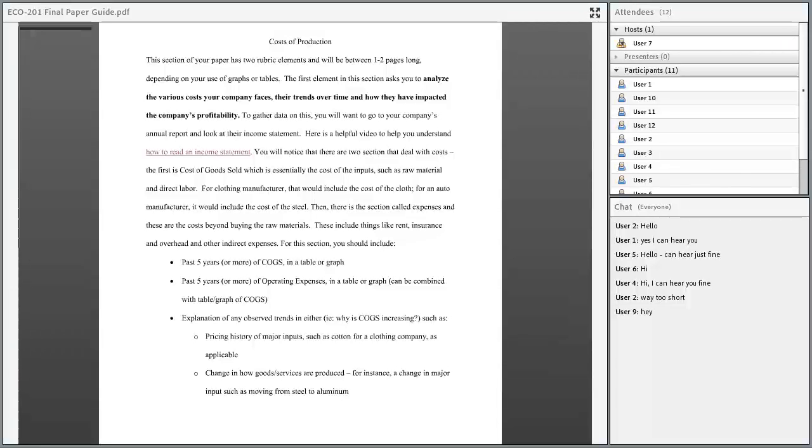You'll be able to go in the actual financial report where they have all the numbers and find some of this information. If you look on this sample paper, there's a link that says how to read the income statement that you can click, and it'll give you additional guidance on how to go over the income statement for the firm and identify the value of the COGS.